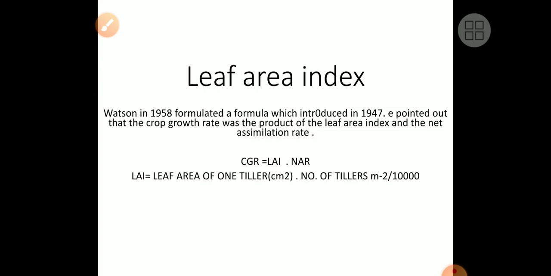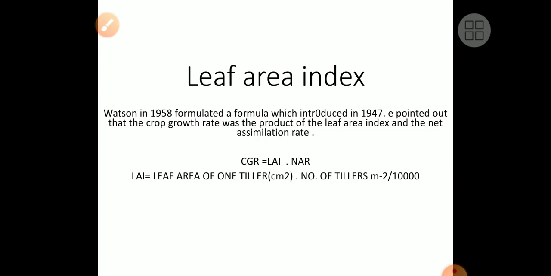All the things, we know that there is an increase in the mass, dry matter of a plant. But where has all the matter been synthesized first? That is synthesized because of the photosynthesis process, and in the green plant part, most probably we know that leaves are participating. 80 to 90% of photosynthesis takes place in that.